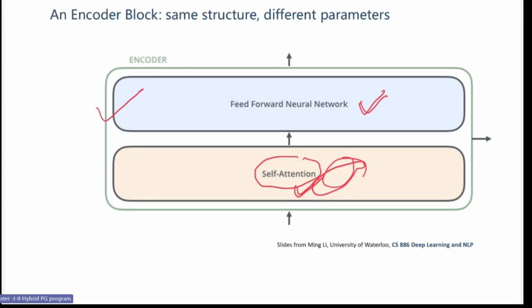So this part can be done in parallel, because this feed-forward network is a fully connected network. Yes. So the fully connected network can be applied for each word separately.